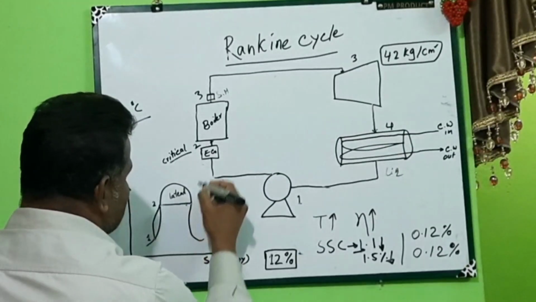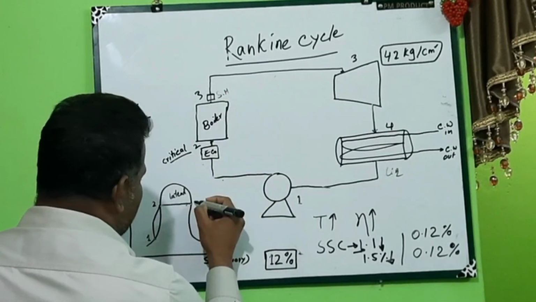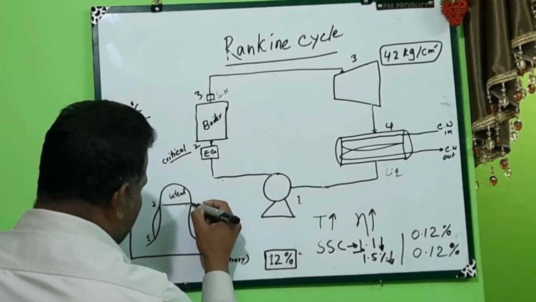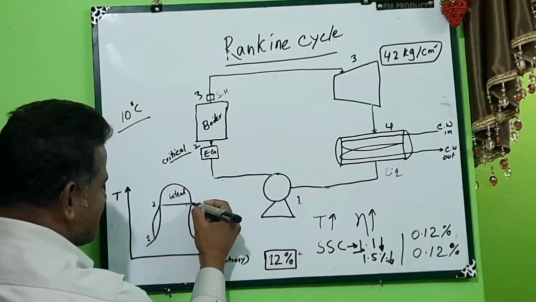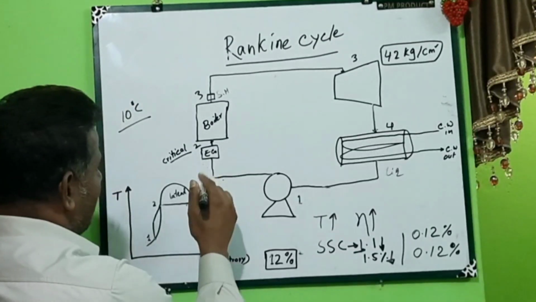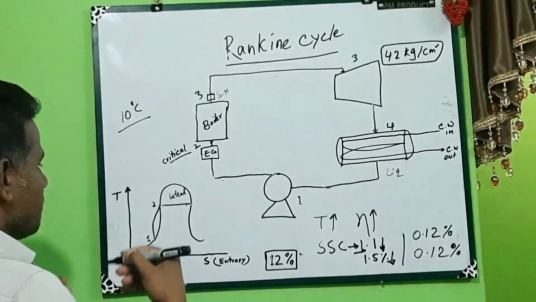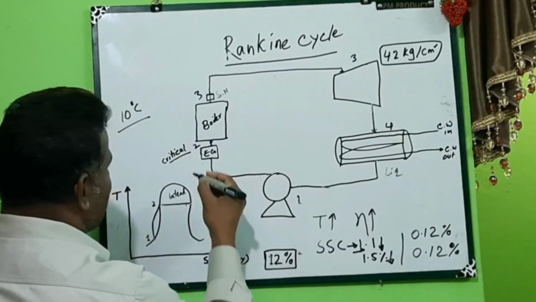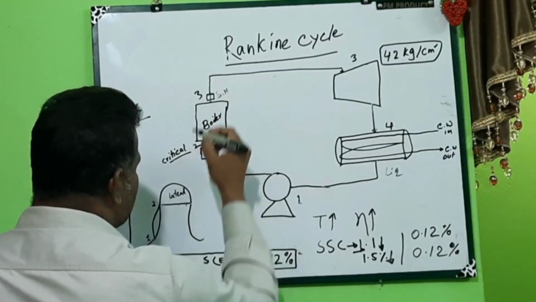That's why this steam will go to the superheater. After passing the superheater, the temperature starts increasing. For increasing the temperature more, this dry steam will go to the superheater.